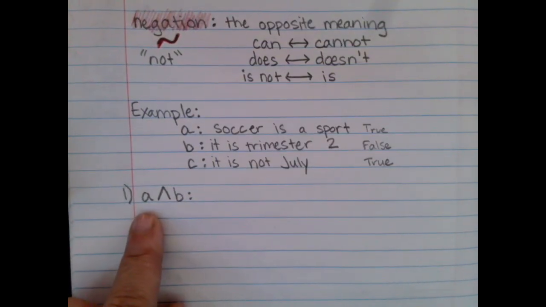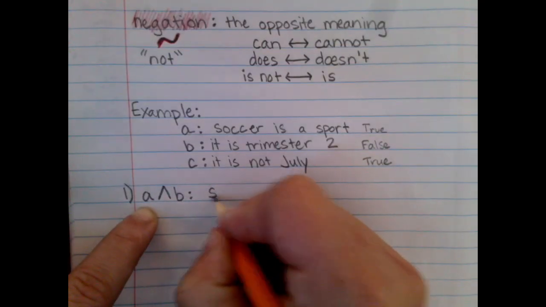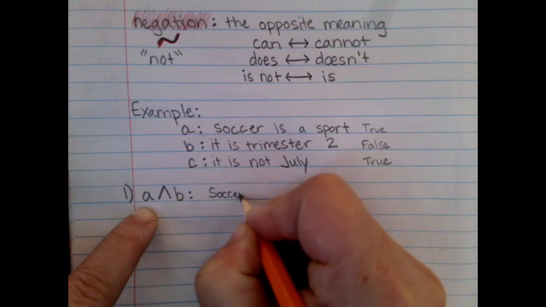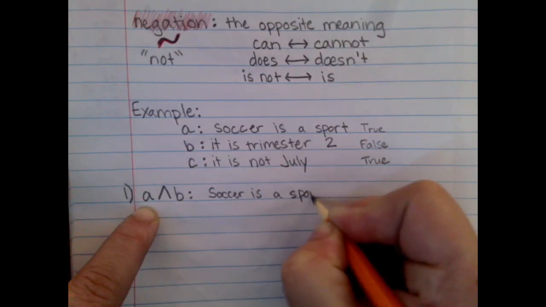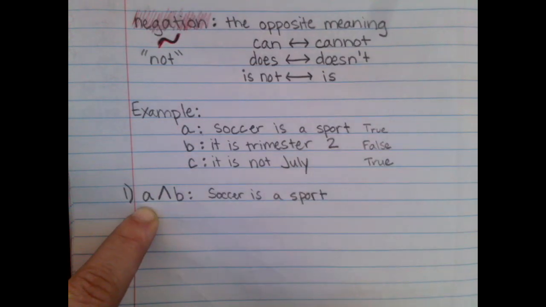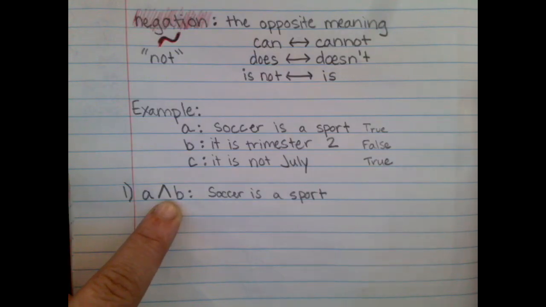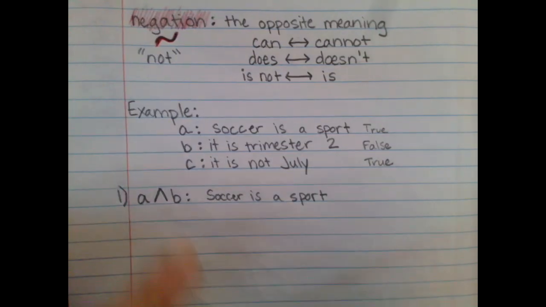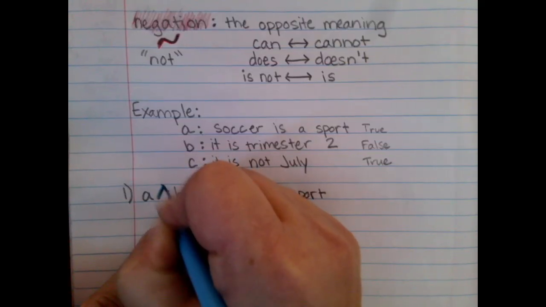So this is telling us to start with A. So what is A? Soccer is a sport. Now for our combining word, are we using an and or an or? And. Good. How did you know? That's a symbol. Did you look up at your notes? No. Oh, you just memorized it already?